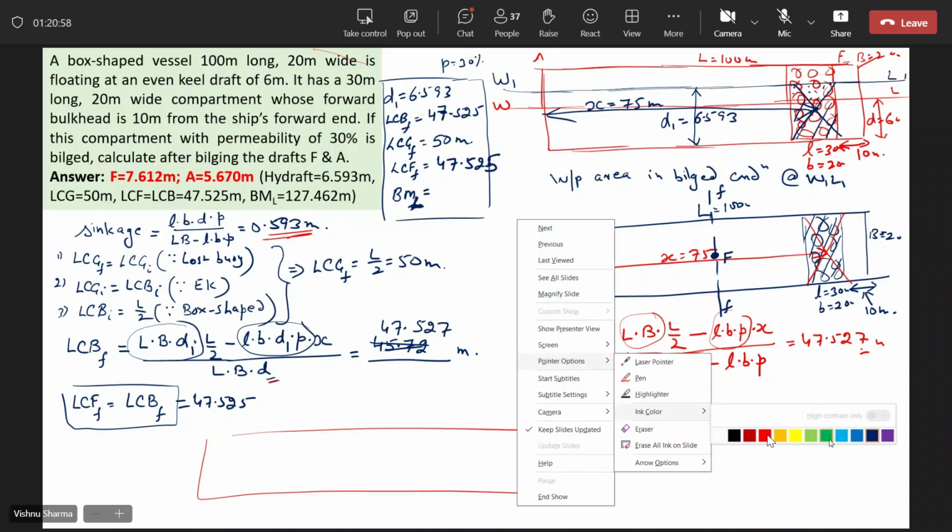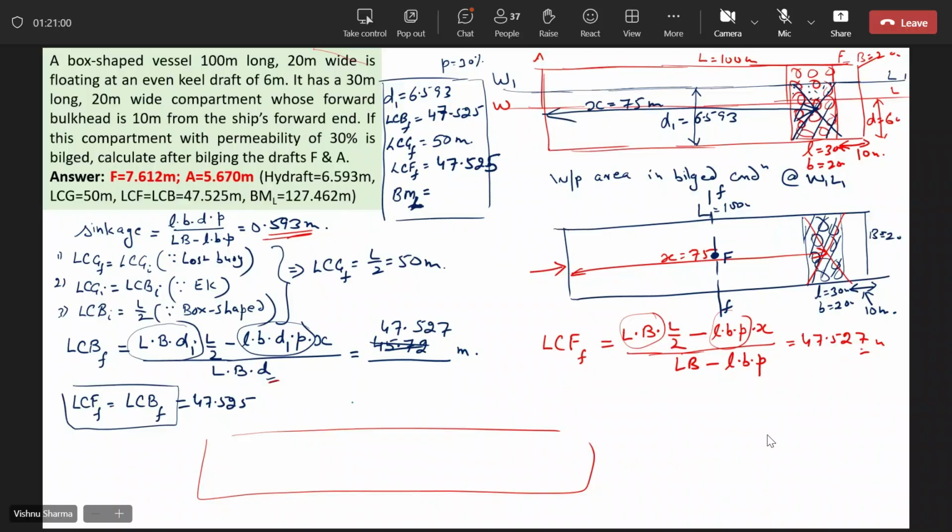So guys, what is the formula for BML? Now, you see, the problem is if you keep forgetting what you're doing, then you'll have problems. It will be IFF of the intact water plane upon volume of displacement. Am I right, guys? Correct? This is the formula, correct, class? Yes, sir.